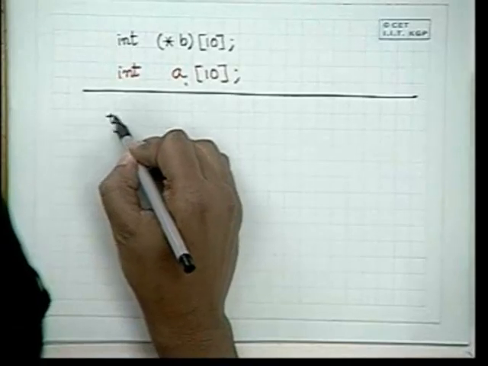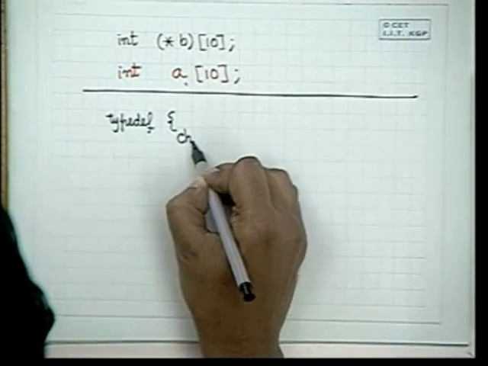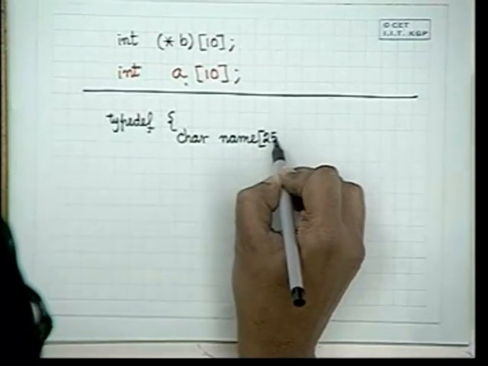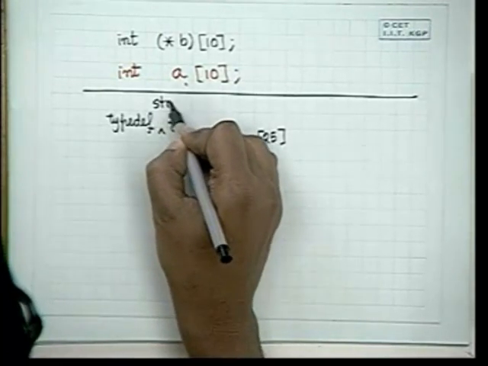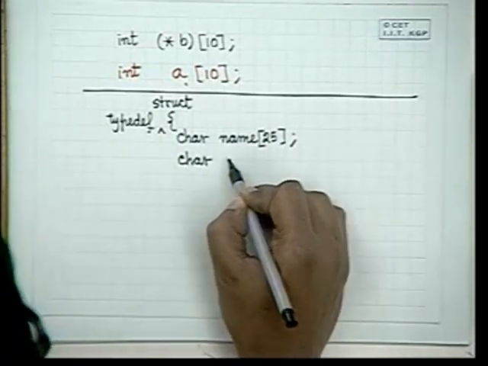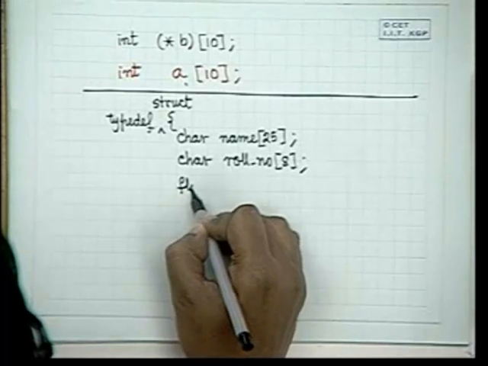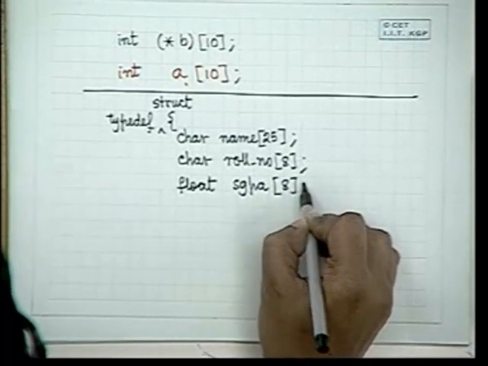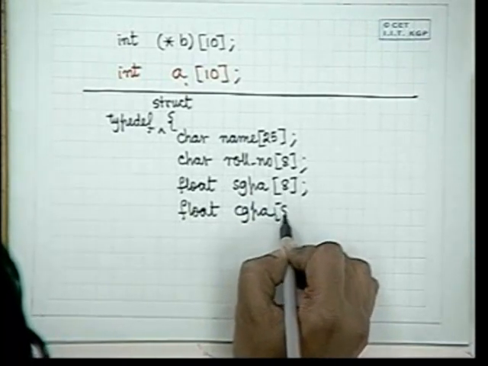So we will do a typedef struct, with char name[25], char roll number[8], float SGPA[8], float CGPA[8].